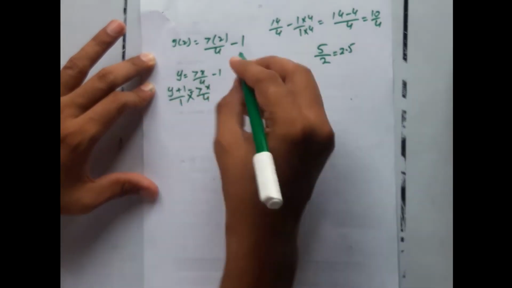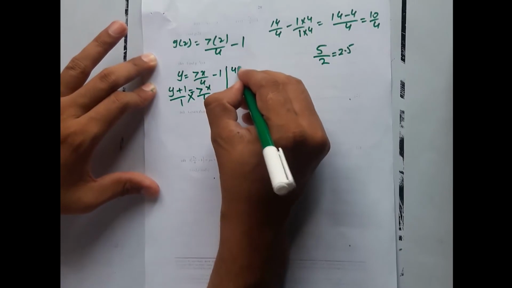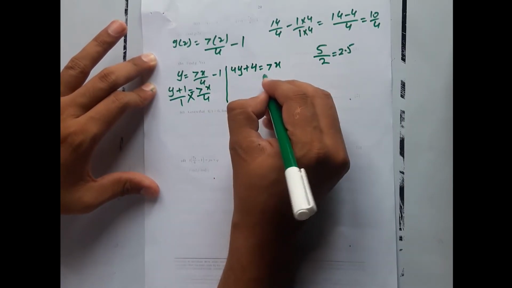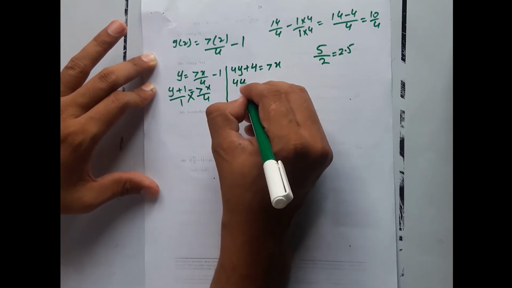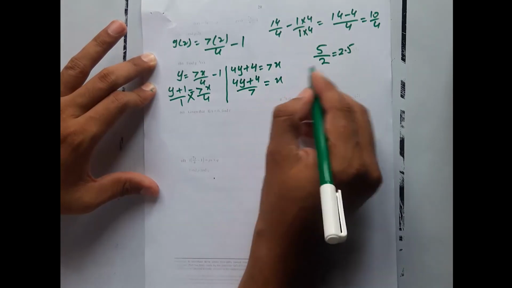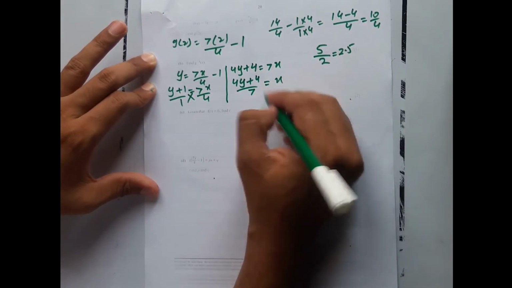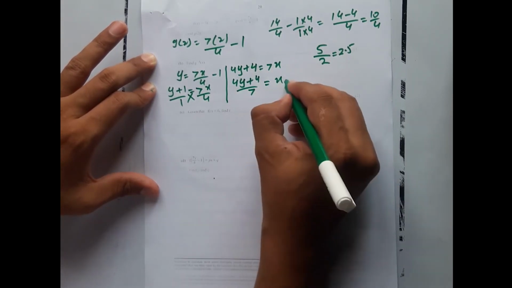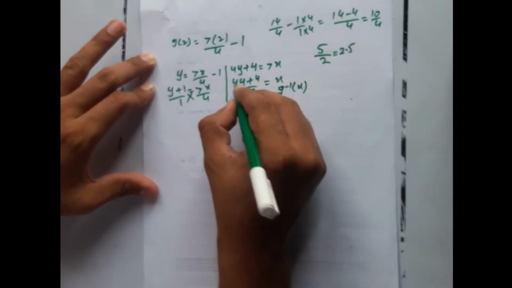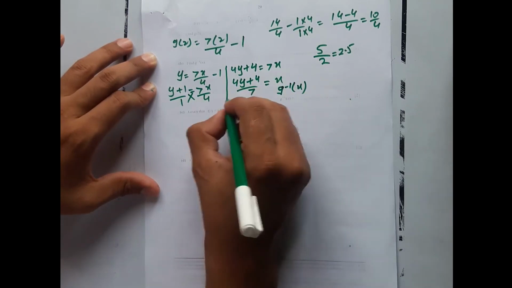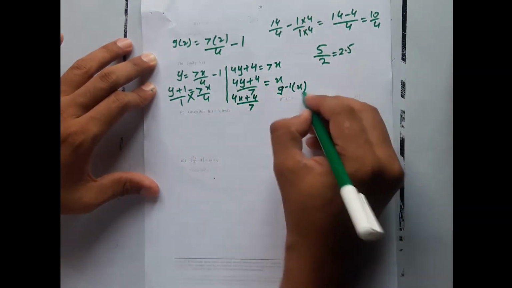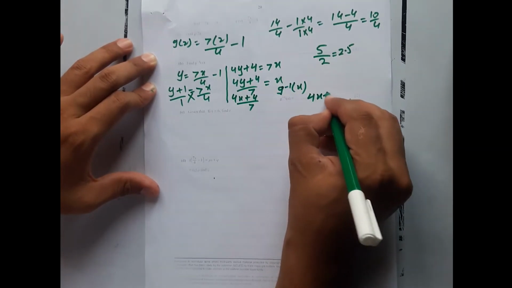So this will become 4y plus 4 is equal to 7x. We will divide by 7 on both sides. So 4y plus 4 over 7 is equal to x. Now we will put here g inverse, so this will become g inverse of x, and place the value of x in place of y. So g inverse function is 4x plus 4 over 7.